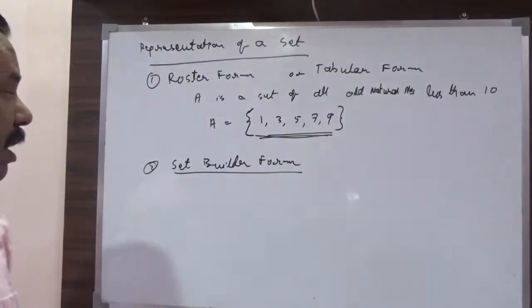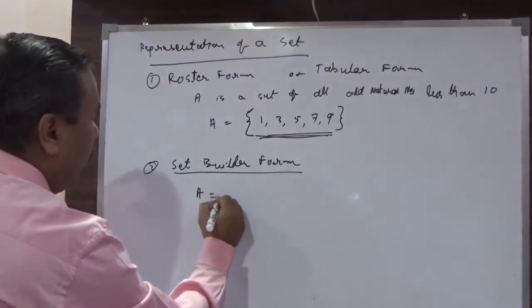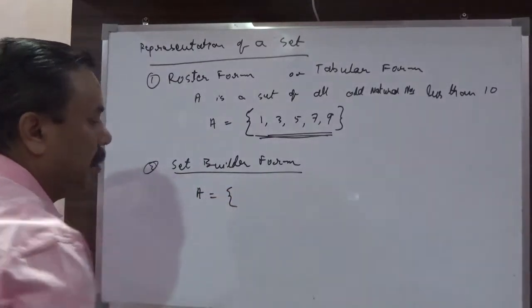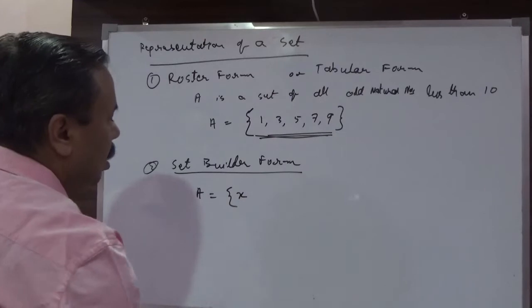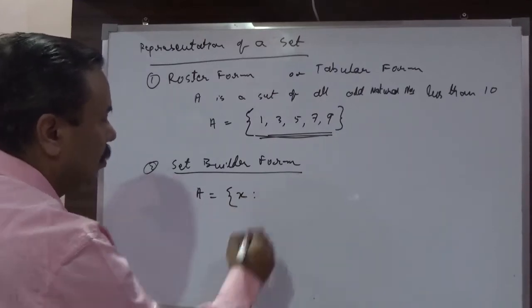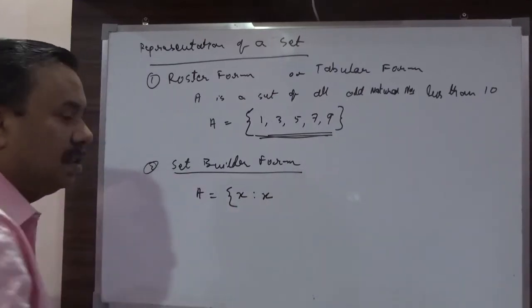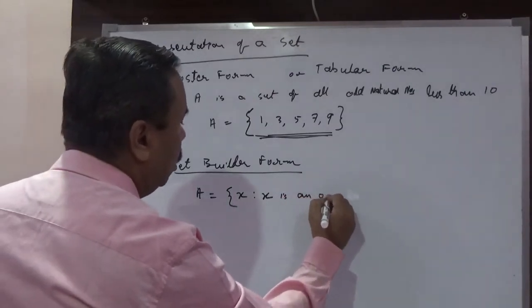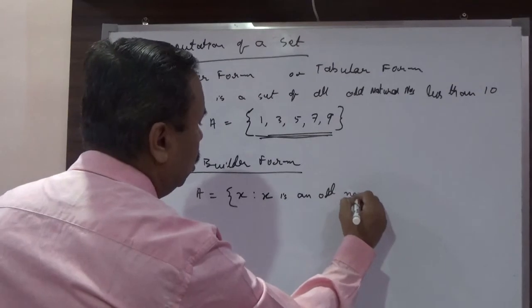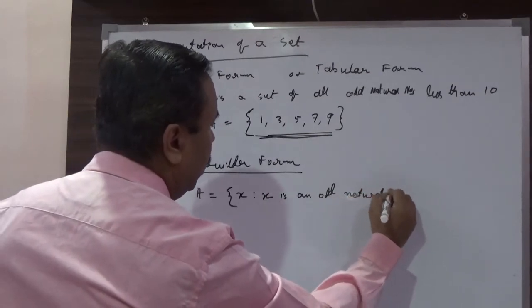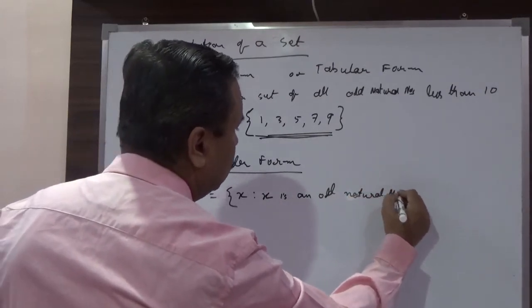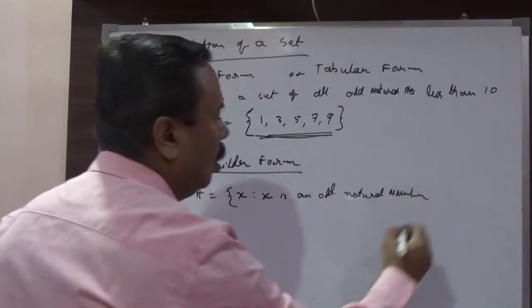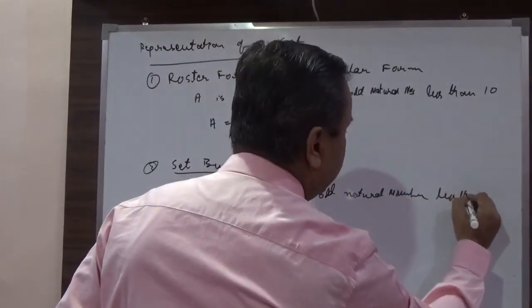When I say what is set A, it will be written as {x : x is an odd natural number less than 10}.